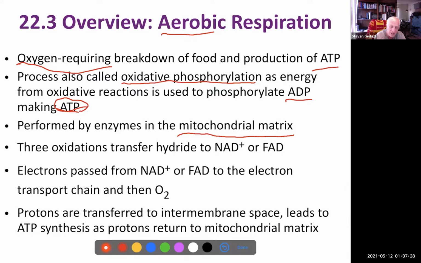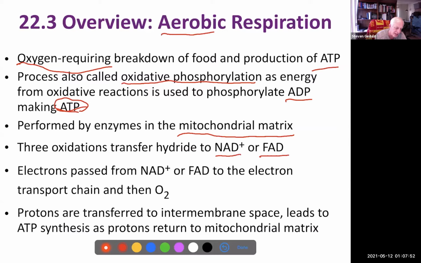Inside the mitochondria, it generates 3. So things are different in mitochondria because you have the electron transport chain in there. You have oxidations, transfers of hydrogen to NAD plus or FAD. Both those get reduced. You get hydrogen added to them. And energy can be generated from those reduced products because they can be oxidized again.